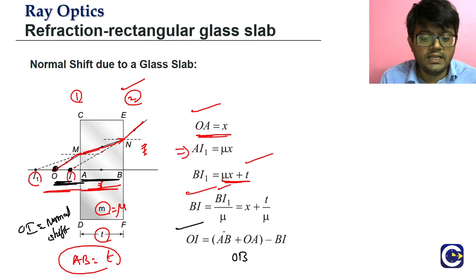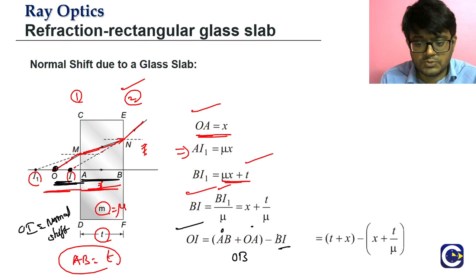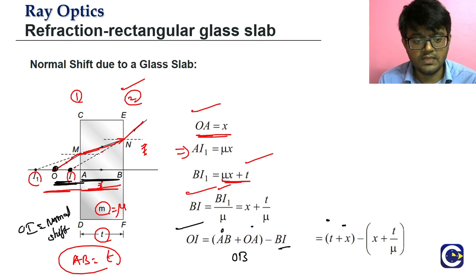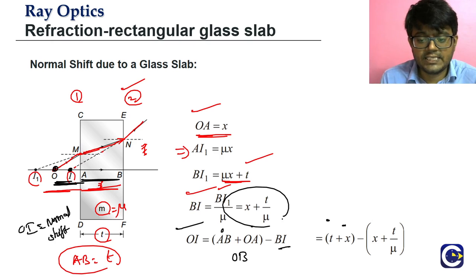What is AB? AB is the thickness T. OA is x, the original position of the object from surface 1. Minus BI. What is BI? x plus T by mu.